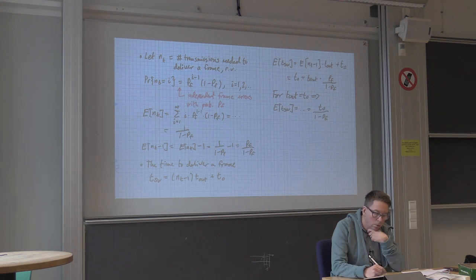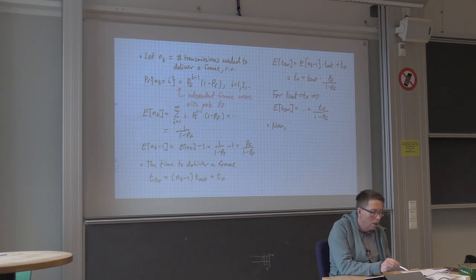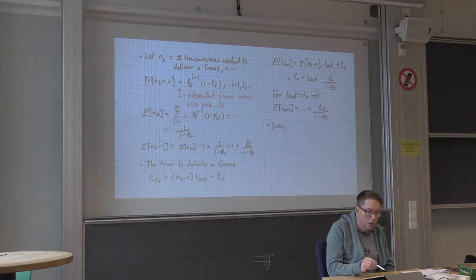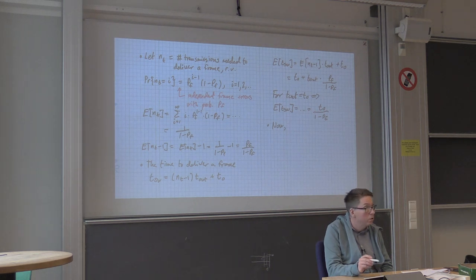Okay, so now we can simply put all the pieces together. We know the average time it takes to deliver a frame is t0 divided by 1 minus pf. Remember, if pf is equal to 0, so we make no frame errors, we expect this delivery time to be the same as we had before, and it is indeed the case, because then it becomes just t0.